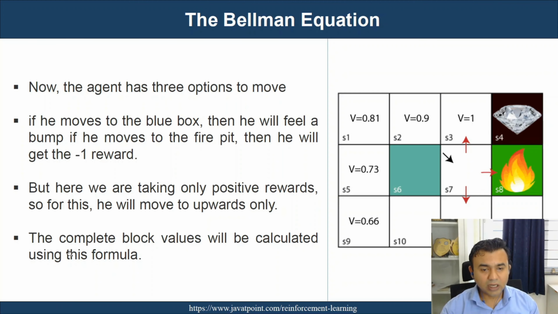Now the complete block value will be calculated using this formula. So what we do here is we continuously compute these values, and then we try to reach the reward point which is maximized.